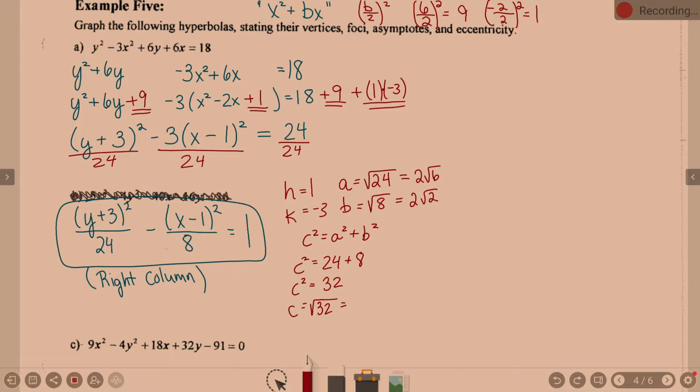Did you guys simplify it? Officially 32, your best bet is 16 times 2, which is 4 square root of 2. It's also 4 times 8, and then you just have to break the 8 up again. Okay. First piece, vertices.